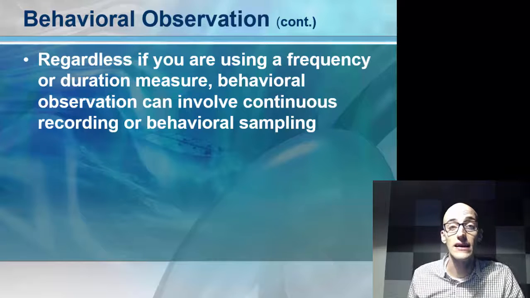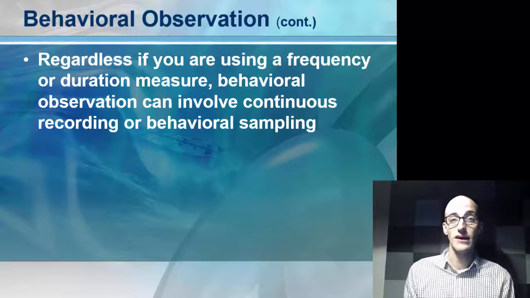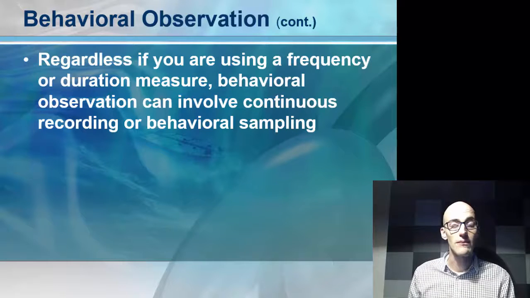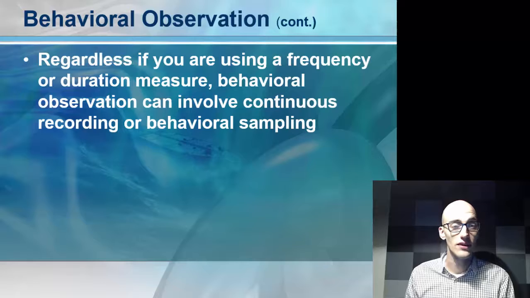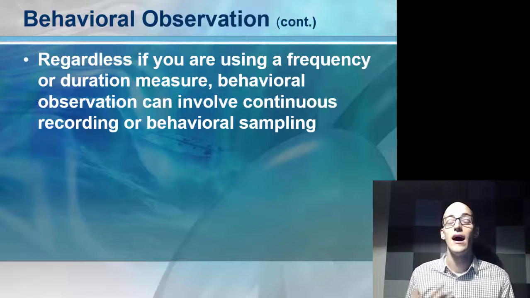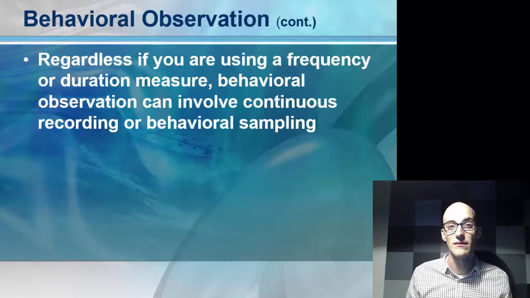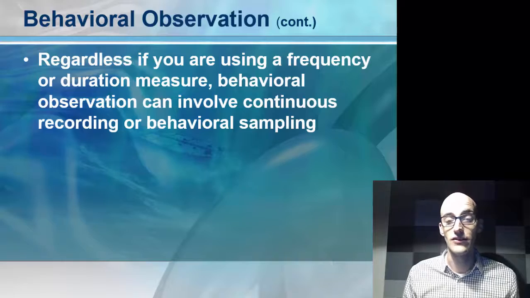But behavioral sampling, let's say you're working with a kid who's in a public school and having a lot of outbursts, a behavioral sample might be dropping in on that school and seeing how many outbursts he is having during this hour. Maybe dropping in once before lunch, once after lunch, and seeing if it has something to do with the teacher. By doing the sampling, we can see what their behavior looks like without them actually doing a self-report.